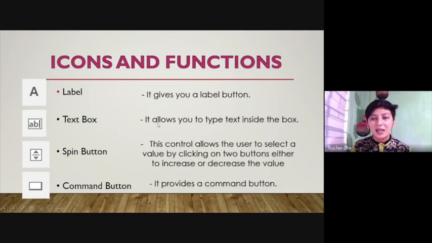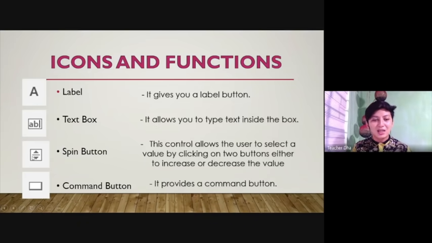It allows you to type text inside the box. So even though your PowerPoint presentation is already presented, kahit naka-project na yan, you can type whatever text you wanted to type there. It's like a blank box, a rectangular box, and when you put your cursor there and click it, you can type. That is the text box.